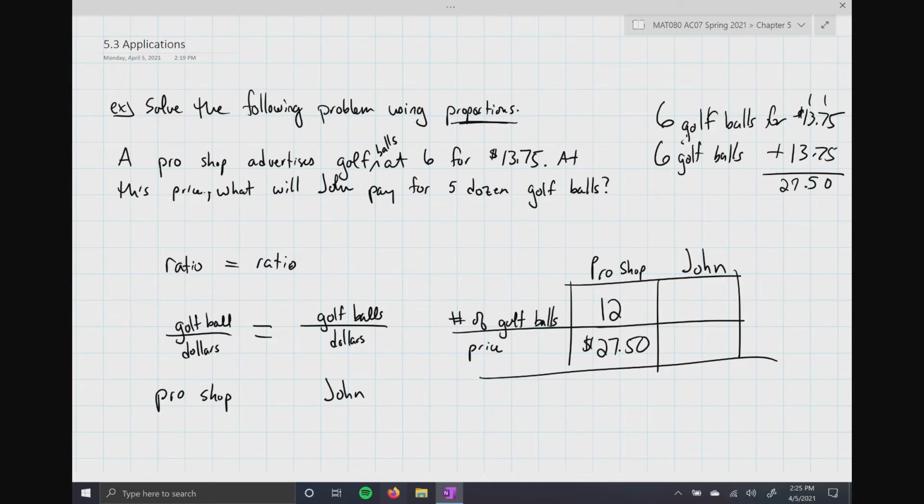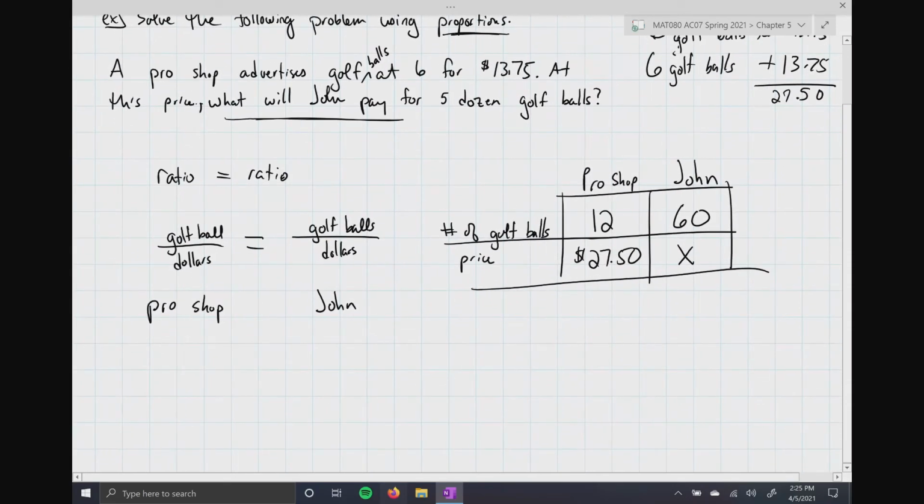What does John want? How many golf balls do I want? 5 dozen. Yeah, 5 dozen. That means 5 times 12. So that's 60 golf balls. What I want to know is, what will John pay? So notice we created a little table, or if you want, you can go directly into the ratio.